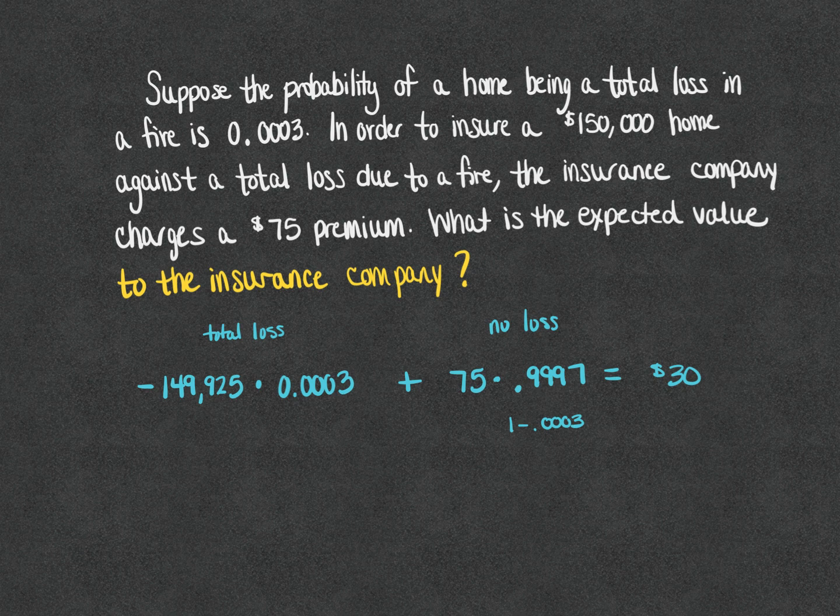So again, as you are calculating expected value, think of every outcome that could happen. Always take into account whether or not you are gaining or losing. Adjust the sign of the number appropriately.